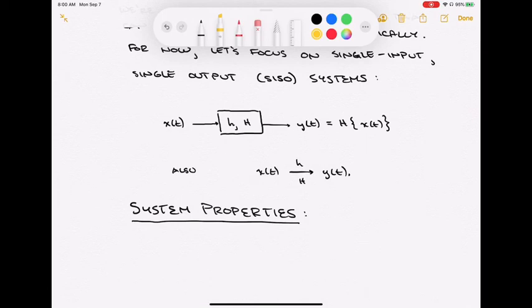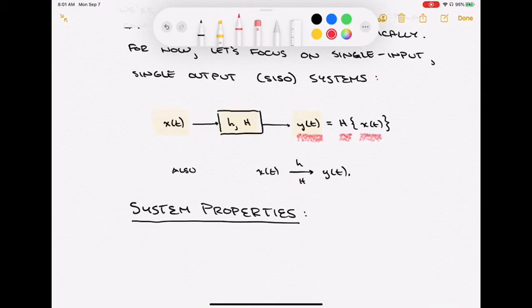What is a single input, single output system? We only have a single input function x of t. The system operates on that and it generates a single output function y of t. We'll designate our system as a box. We'll use a letter, lowercase h or uppercase H, both common in this book, to designate that system. If we were going to begin our mathematical description, we might say the output y is equal to the input x operated on by that system h.